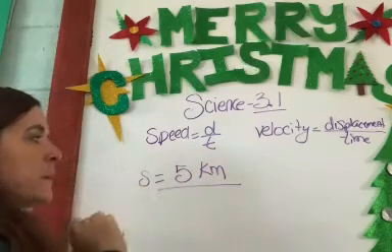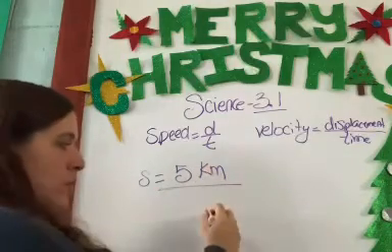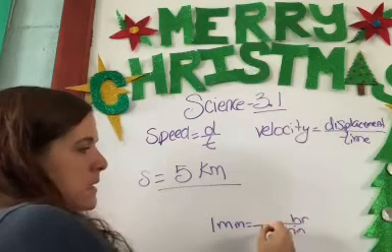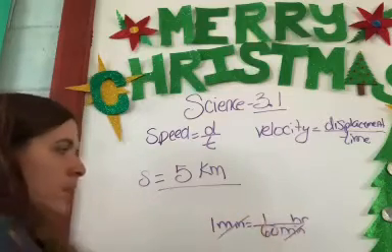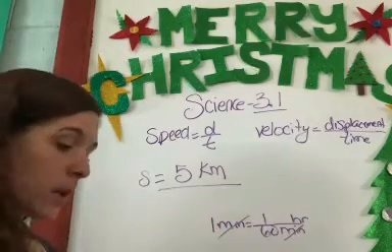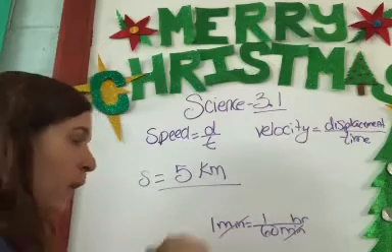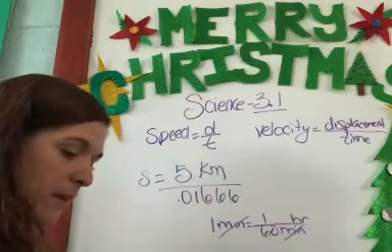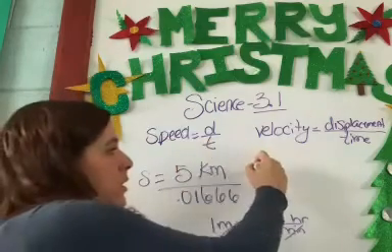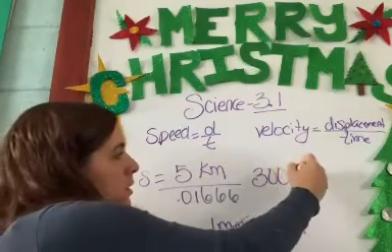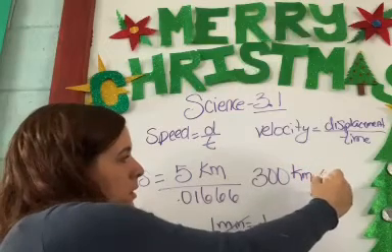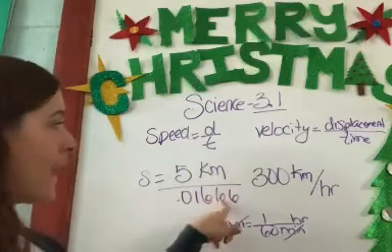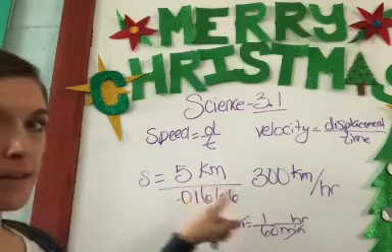To turn minutes into hours, I would do it down here: 1 minute equals, we put minute on the bottom, hour on the top, 1 over 60. So 1 divided by 60 gives you the decimal number for 1 minute out of an hour, which is 0.01666 repeating. Then 5 divided by that number is going to be 300 kilometers per hour, because now you put that into hours instead of minutes.